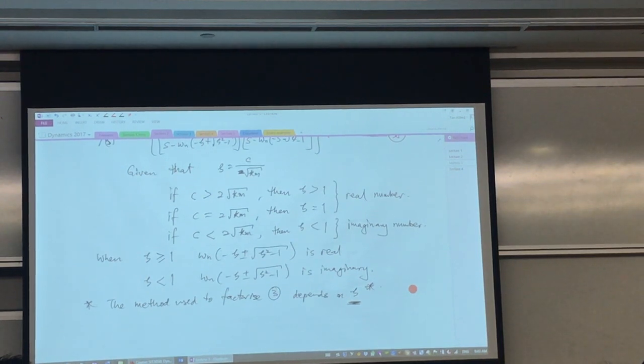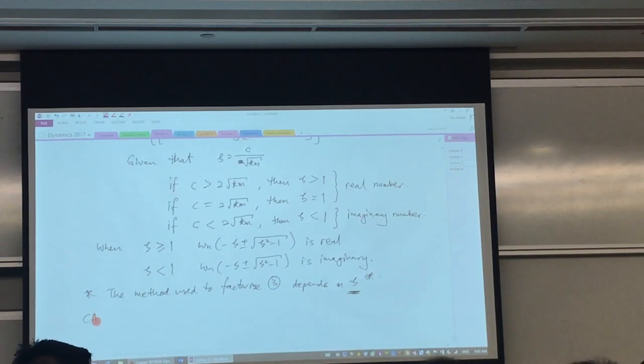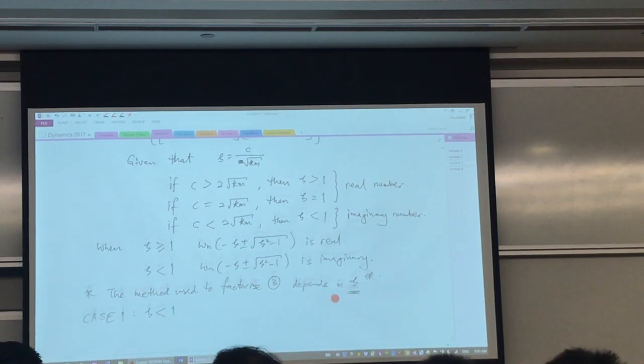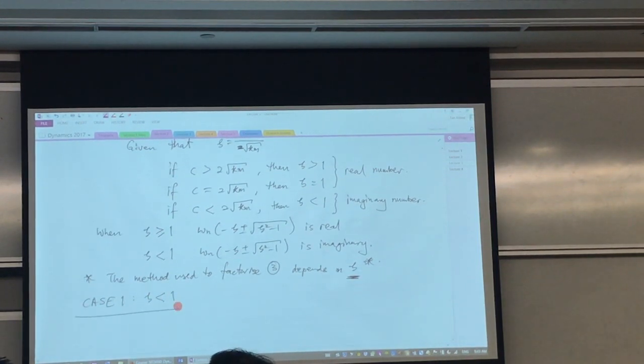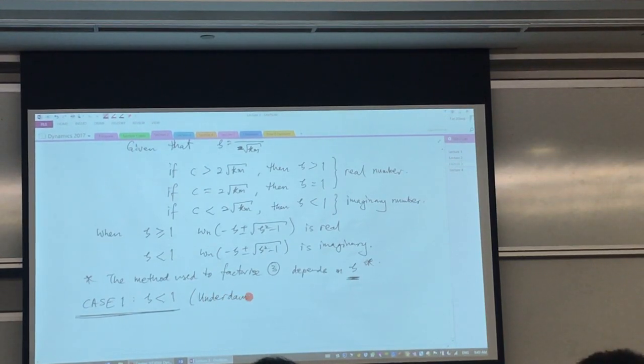So you've seen before, there are going to be 3 cases of zeta. So let's have a look. Case 1: when zeta is less than 1, it has a name. We call it the underdamped system.